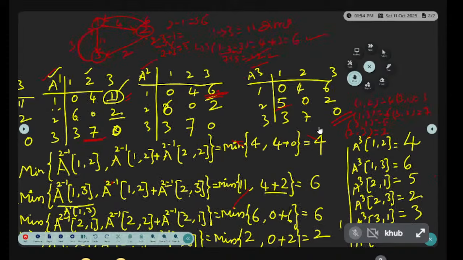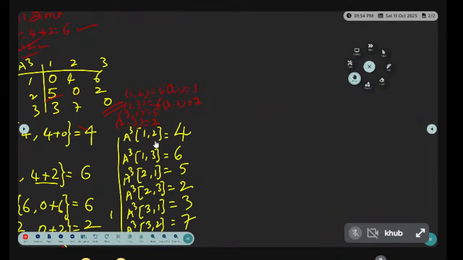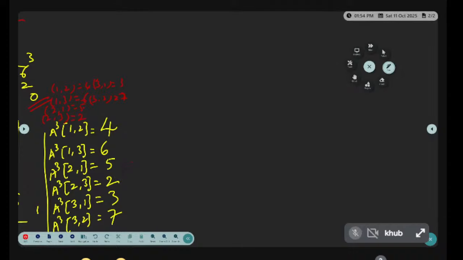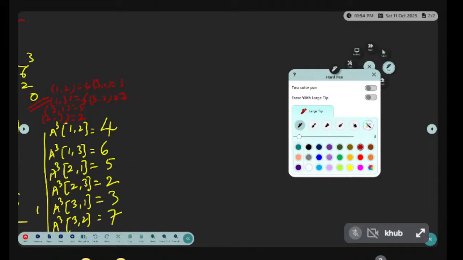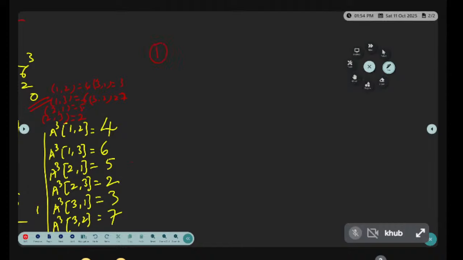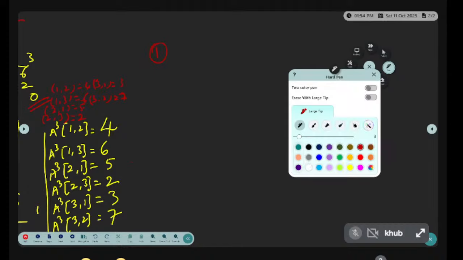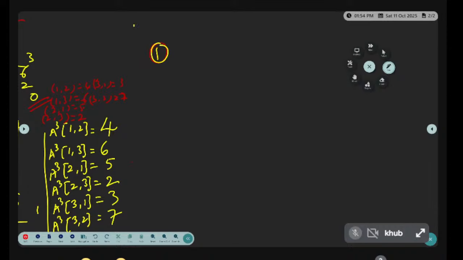Before going to the next application, for practice, note down one graph and practice at home. All pairs shortest path problem only. Homework problem or practice.